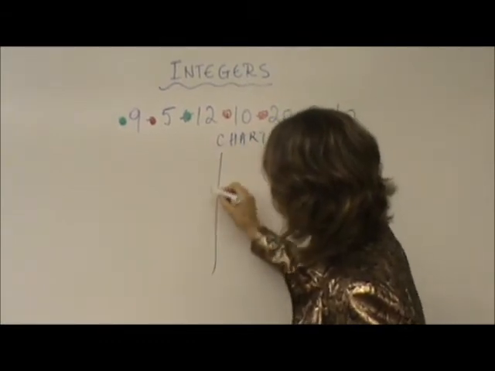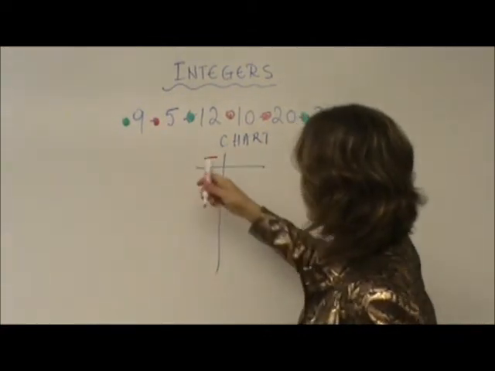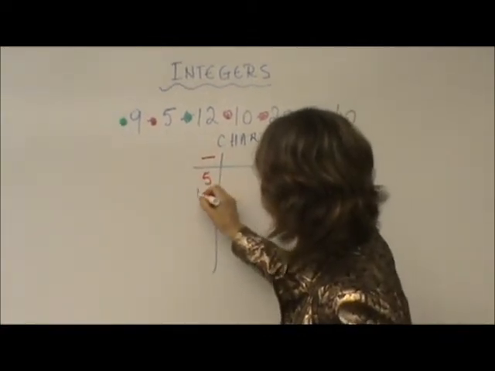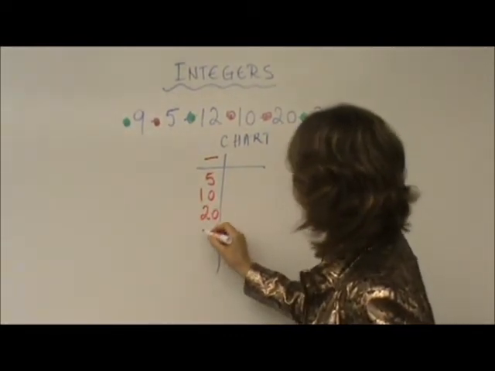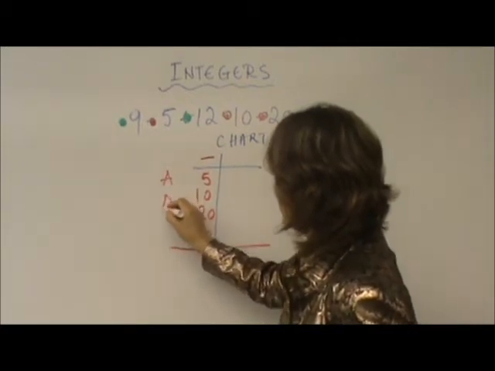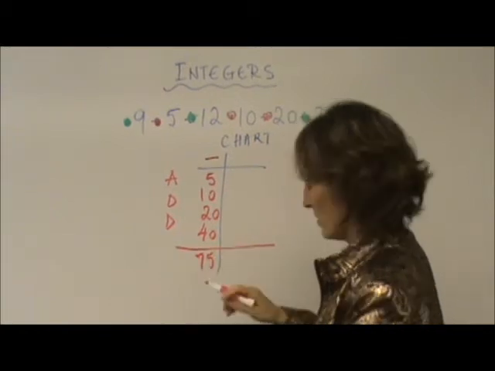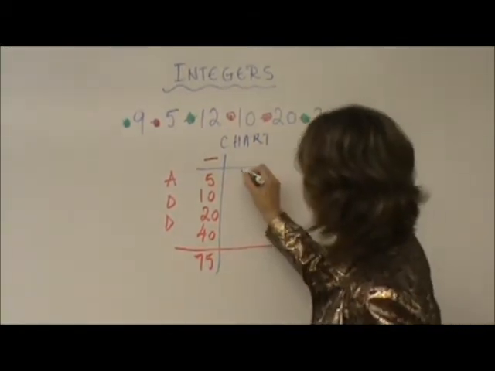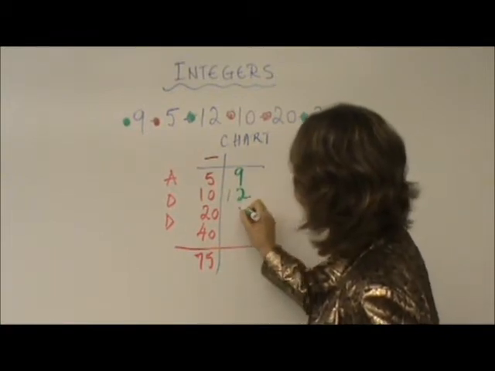I'm going to put my negative numbers at the left, and they are 5, 10, 20, and 40. There will be a total of 40, 60, 75. My earned money are 9 and 12 and 3.